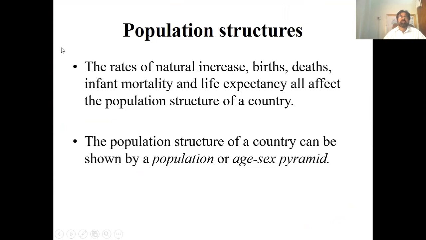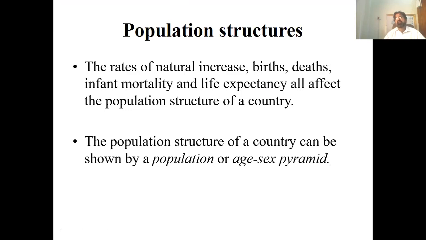Now, population structures. The rate of natural increase, which is births, deaths, infant mortality, and life expectancy, all affect the population structure of a country. How? The natural increase, that is the fertility rate, and fertility will increase the population, deaths will decrease the population, infant mortality will also decrease the population, and life expectancy, if the people have more life expectancy, they will increase the population.